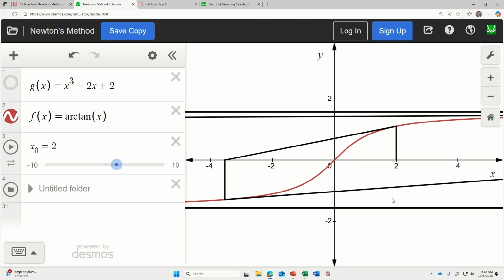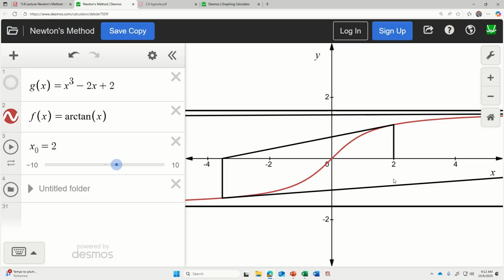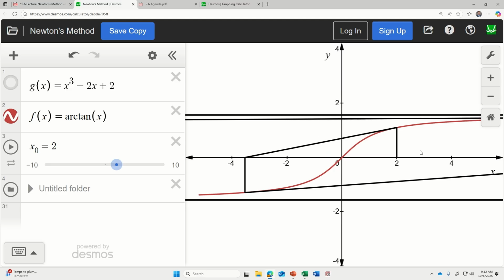And do you see how the red curve is just getting more and more shallow as it goes off to the left and to the right, like it's getting flat, flat, flat? So the flatter the slope of the function, the flatter the slope of the tangent line, and the farther the tangent line has to go before it finds its 0. And this just continues to repeat, so it's spiraling outward in this picture.